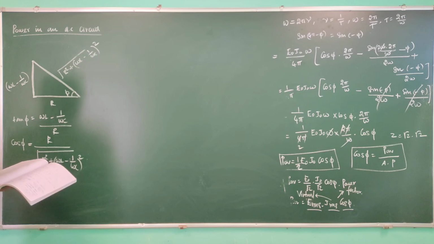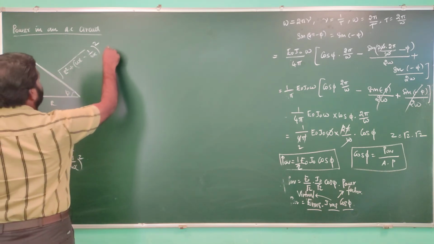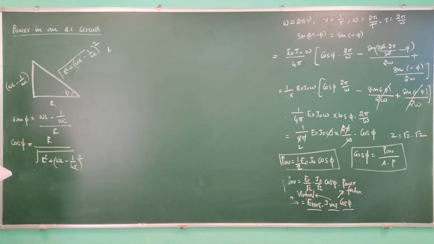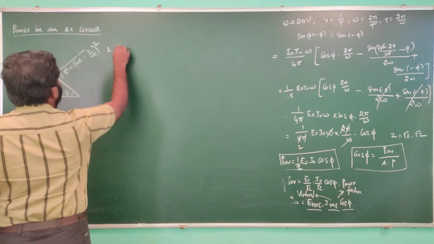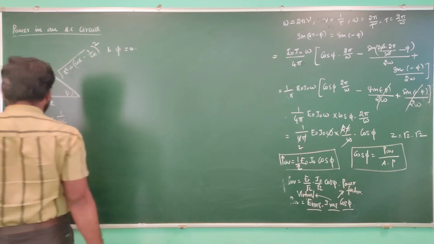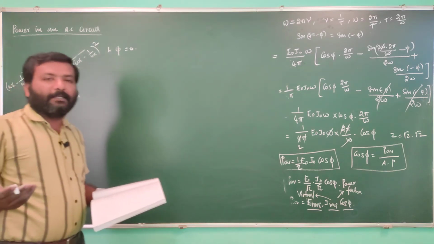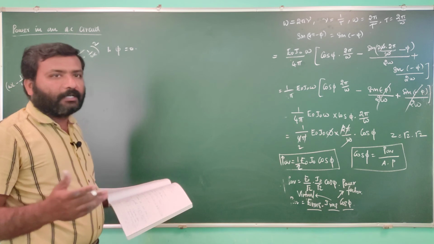Now let's see some special cases. Case number 1: if the circuit is purely resistive, if the circuit doesn't have any inductive and capacitive components, then phi equals 0, because there won't be lead and lag between current and voltage.